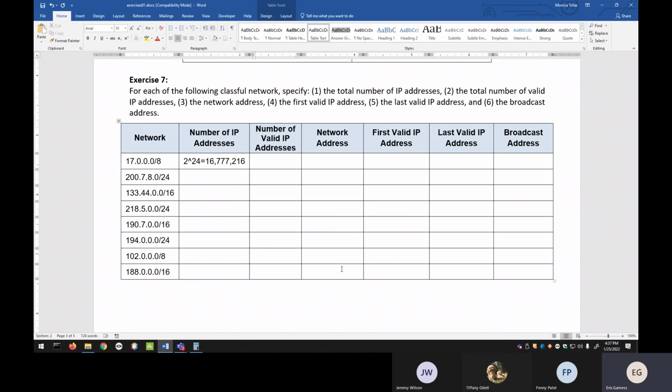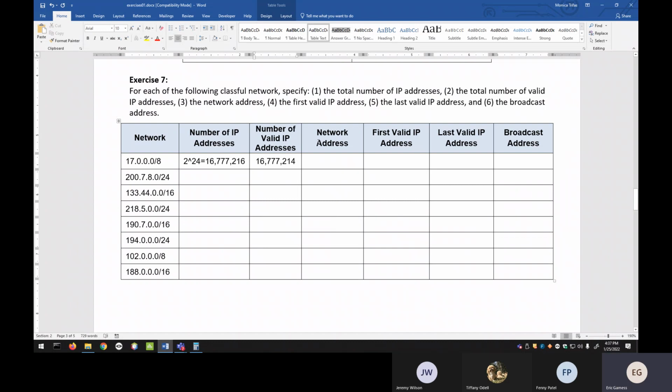So it's 2 to the 24 minus 2. Okay? Remember, we lose 2 IP addresses. So it will be 16,777,214 valid IP addresses. We will call them also host IP addresses. We will call them also usable IP addresses. Those are IP addresses that I can put in a network device.